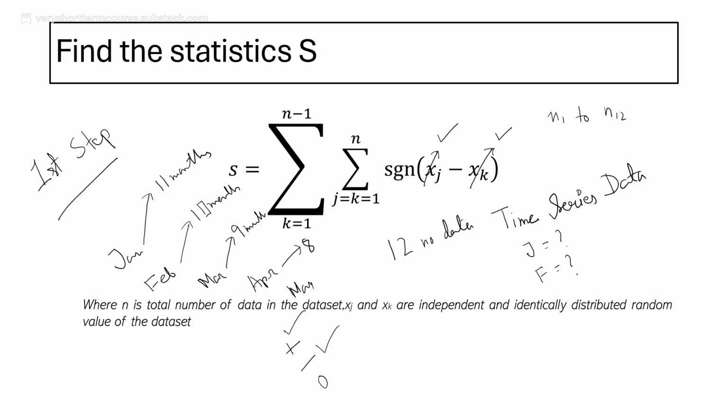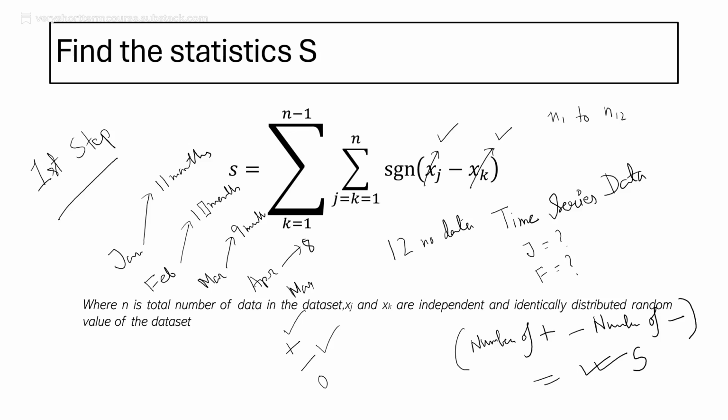Okay, so this expression basically changes to number of plus minus number of minus equals S. So S is actually the number of plus minus the number of minus.